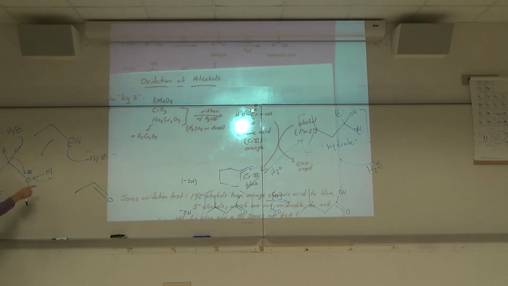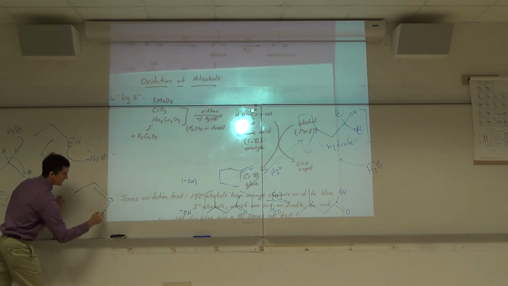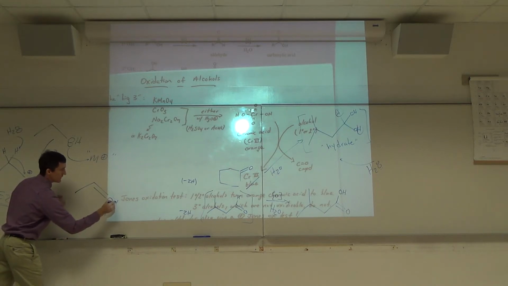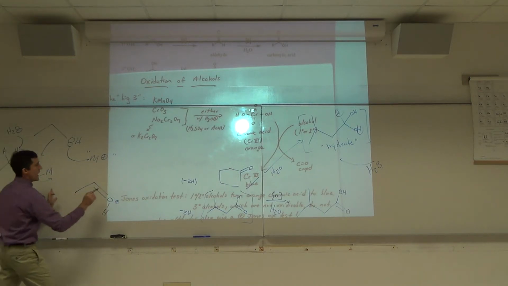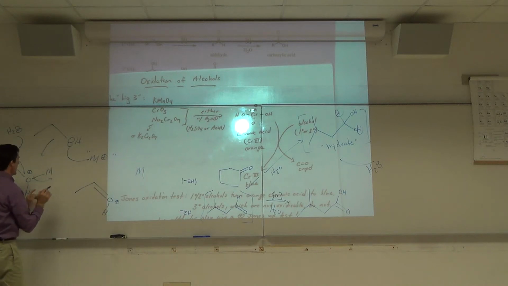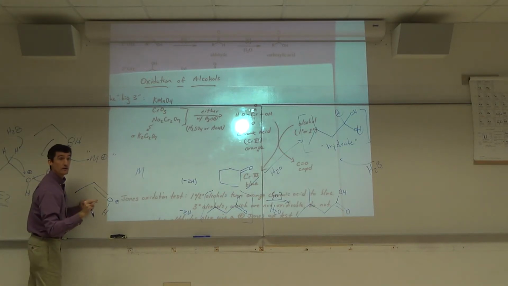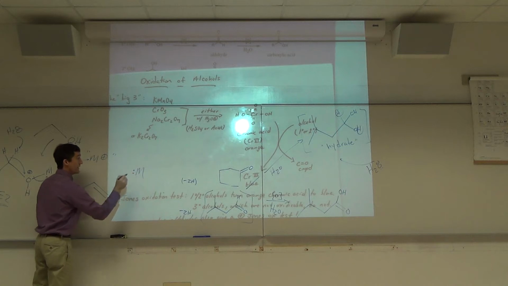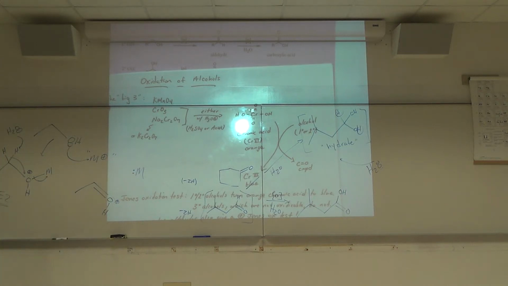Everybody agree that this arrow movement gives that, except, hold on, there's an H here, right? And that's still plus. And here's the metal. But what is now on the metal? What does this arrow mean to you? What is now on the metal? A what? Electron, negative. Well, a lone pair. So look at the lone pair.